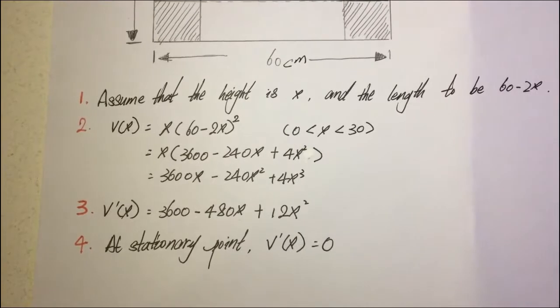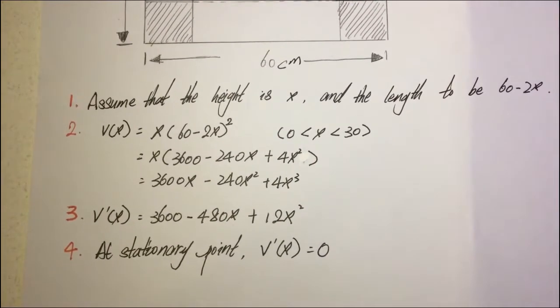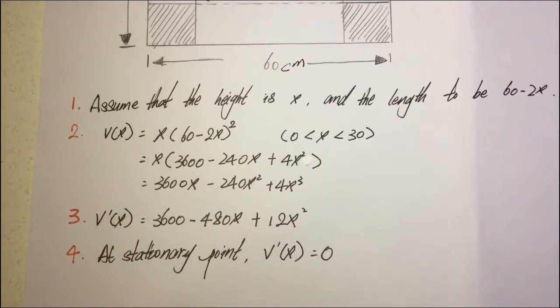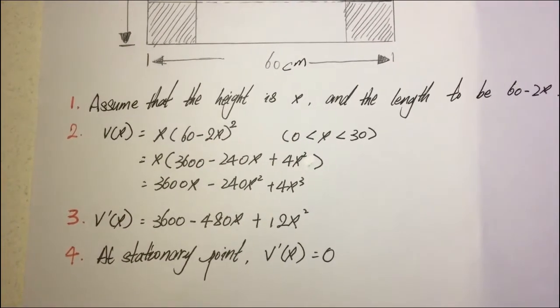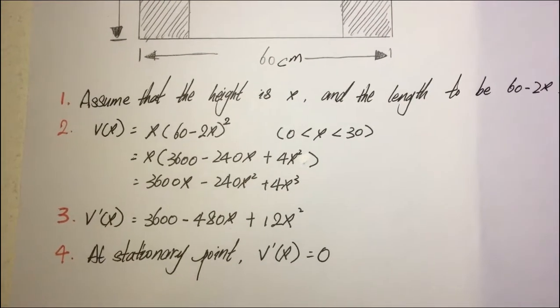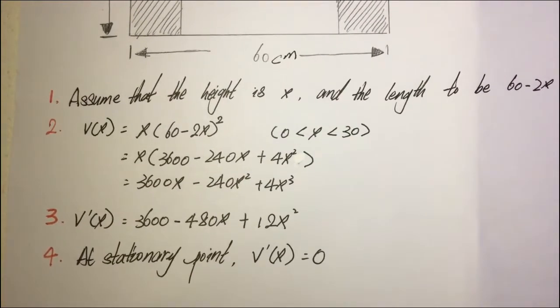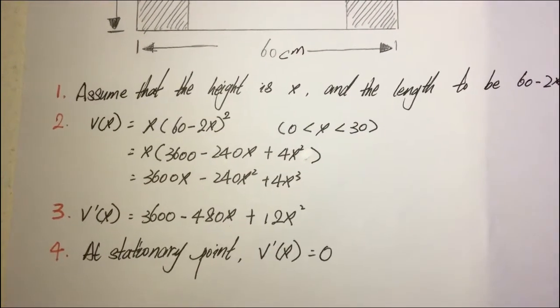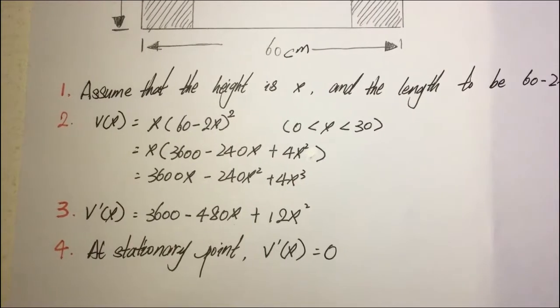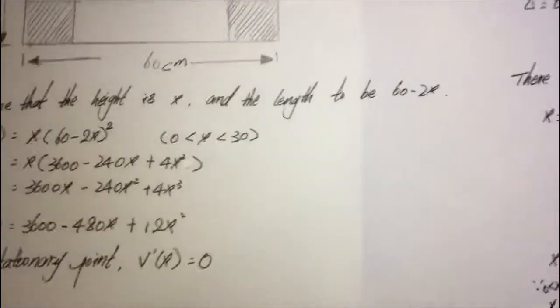Then we expand the equation, and the next step we need to find the derivative of V(x). And the next step is at the stationary point, the derivative of V(x) is equal to 0.